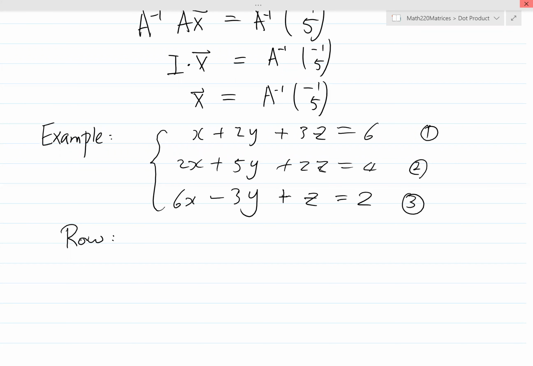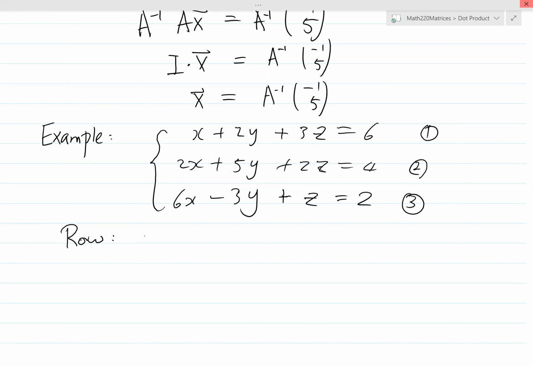Equations 1, 2, 3 all define planes. They are equations of three planes. So the row picture says the three planes intersect at one point. If you solve it by algebra, you can find a unique solution.